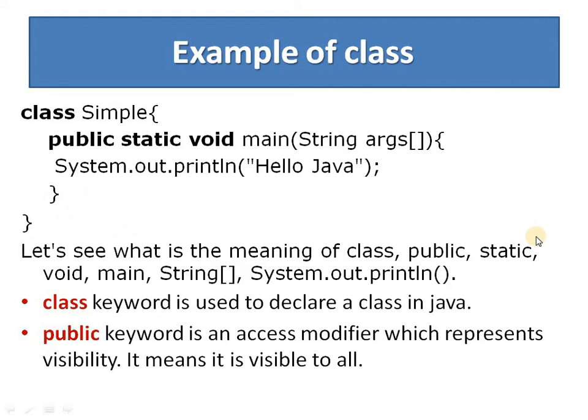Now next, another example of class is, you can see here, class simple. The name of class is simple. Now I am declaring here a simple method, public void display, with string arguments.